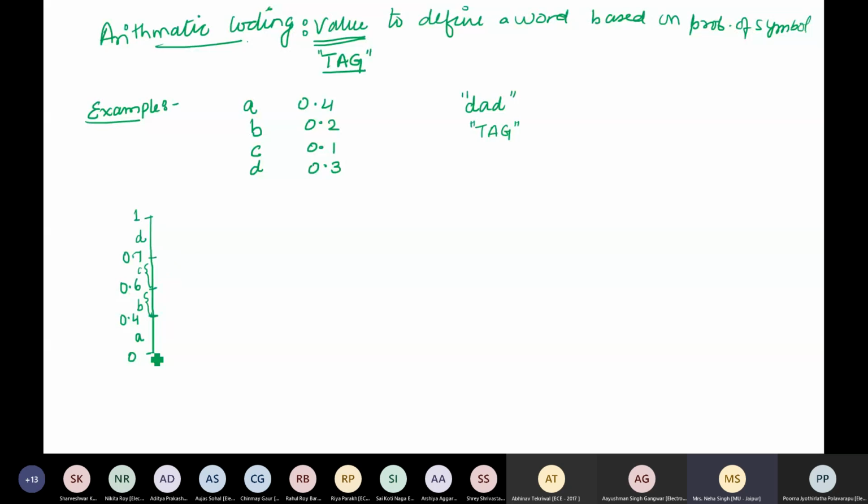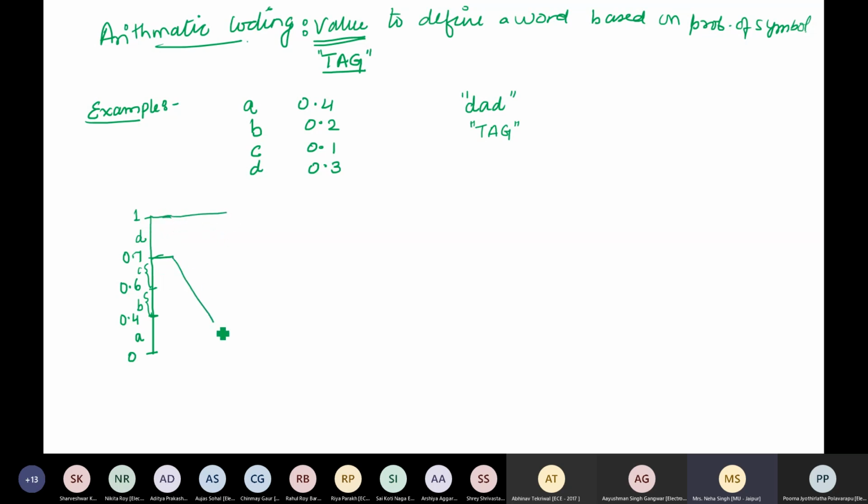If I am at the first level and I have to transmit A, I should transmit any number between 0 and 0.4. 0.3 will be the tag for A, 0.2 will also be a tag for A. So any number between 0 and 0.4 will be taken as a tag for A. But now the word to be given out is DAD, so I know that the first symbol is D. So my number should lie somewhere between 0.7 and 1.